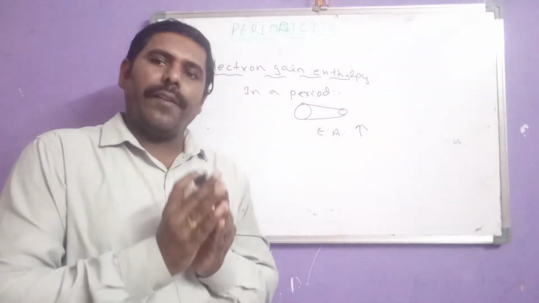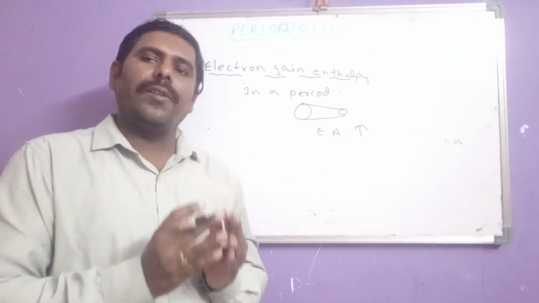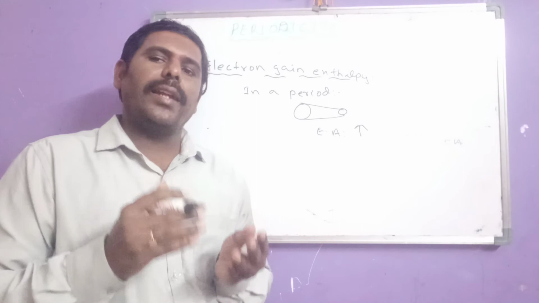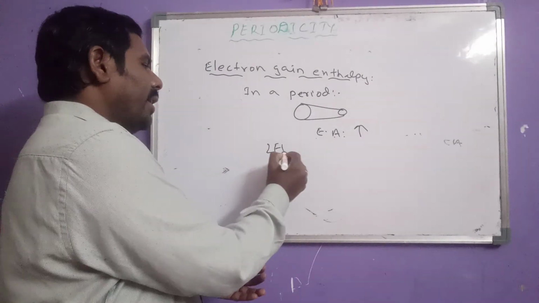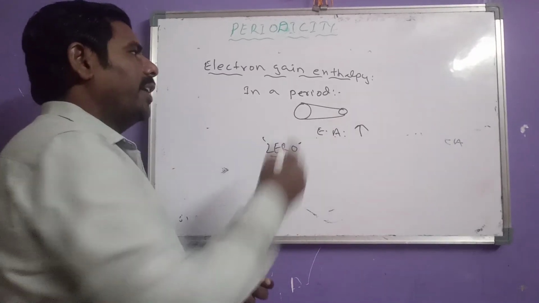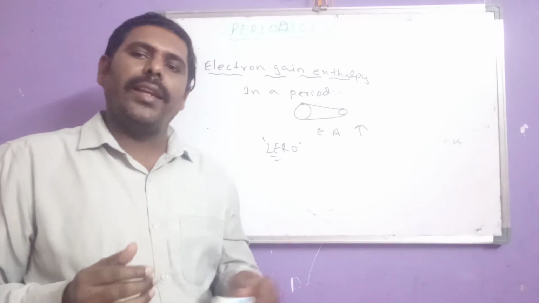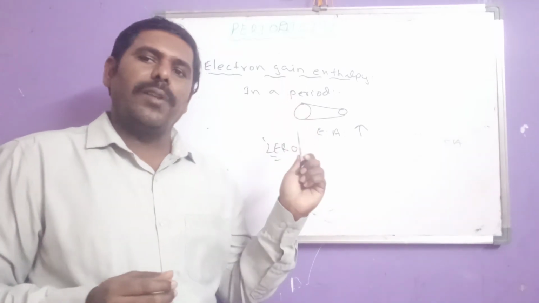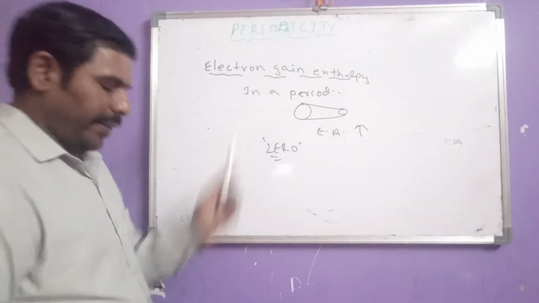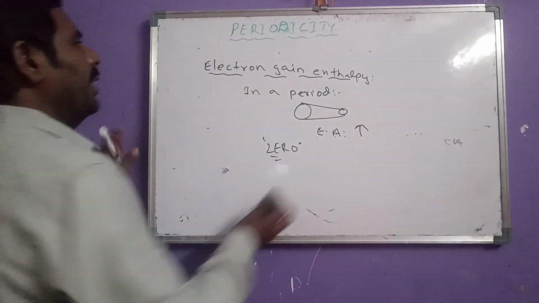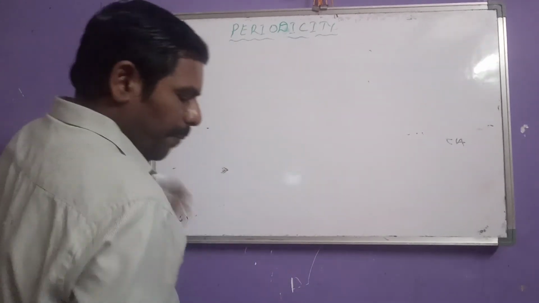But up to 7th A group only we have to follow this trend, because in the case of zero group elements, electron gain enthalpy value is considered as 0. So this is the variation of electron gain enthalpy in a group and in a period.